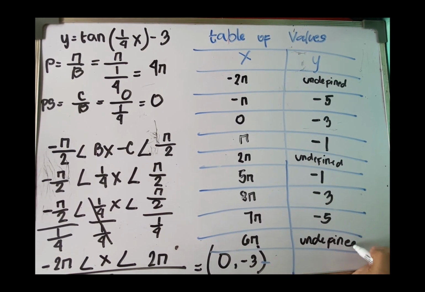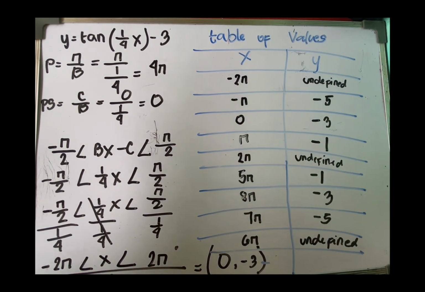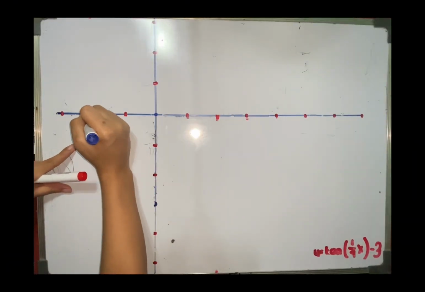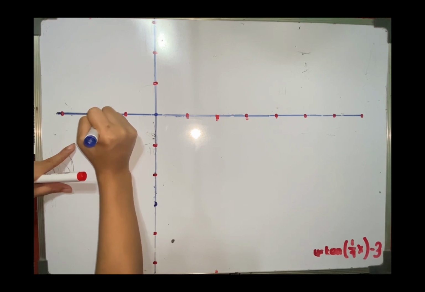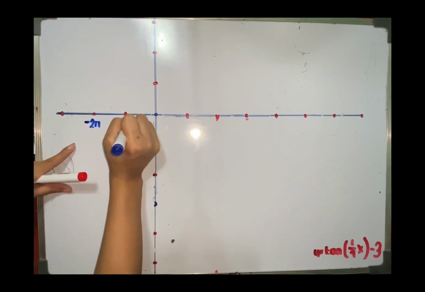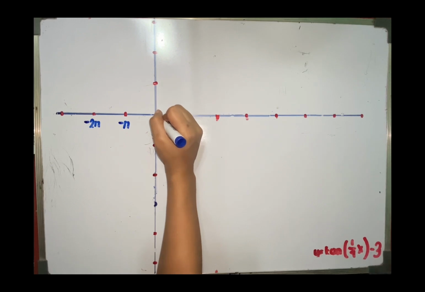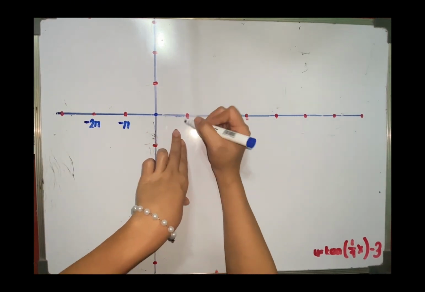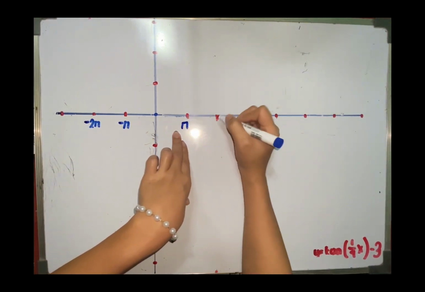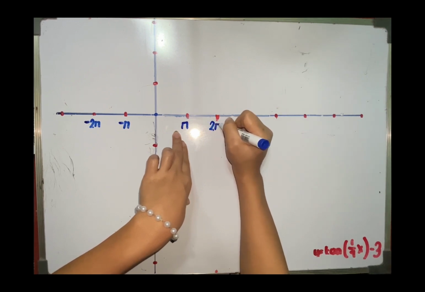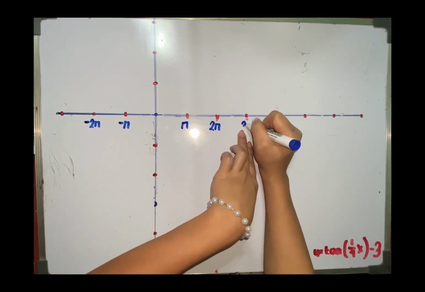Since we already have our table of values, we will not get lost later. So we do the graphing now. Let's put all our x here from negative 2 pi to positive 6 pi. Since we already have the table of values earlier, we can follow it.